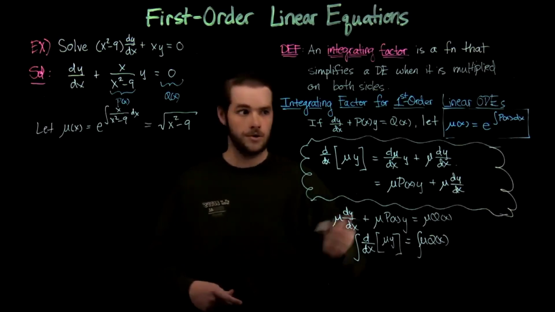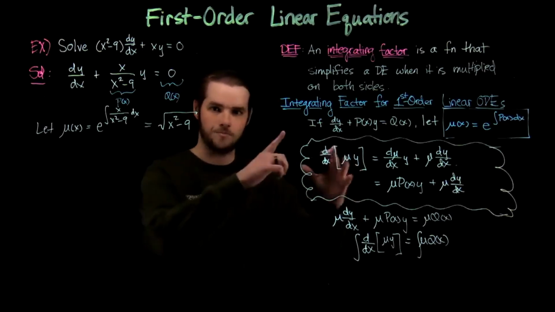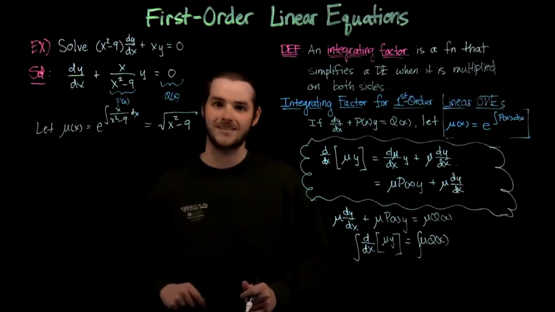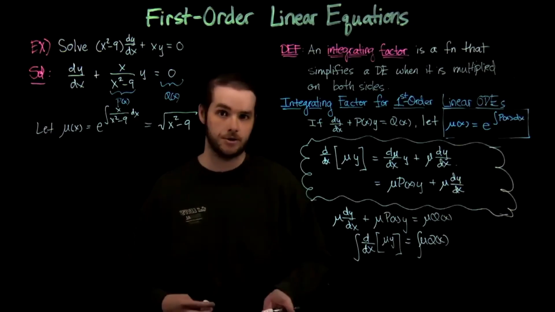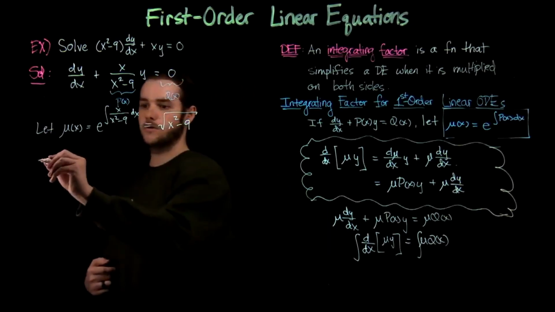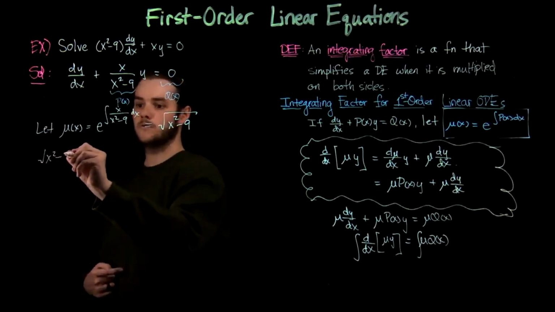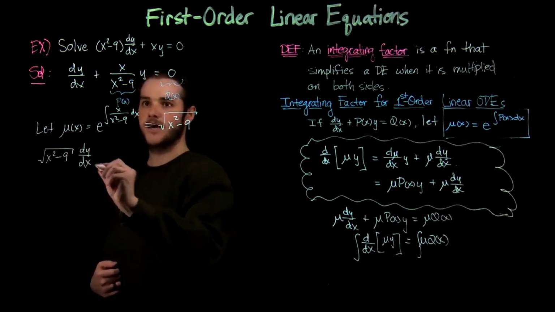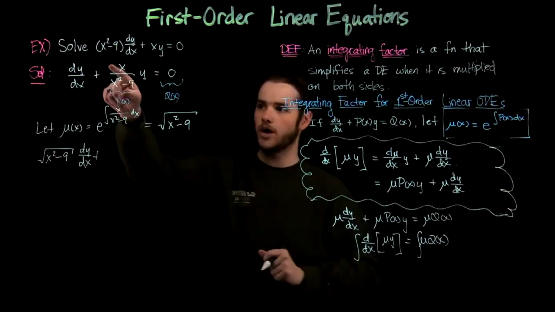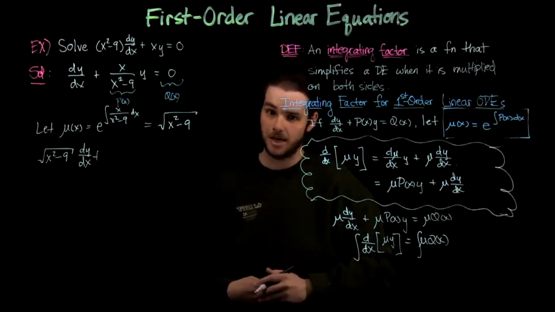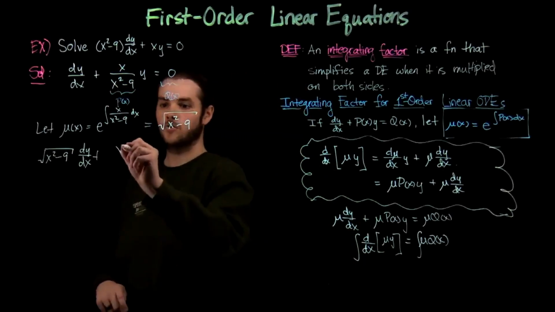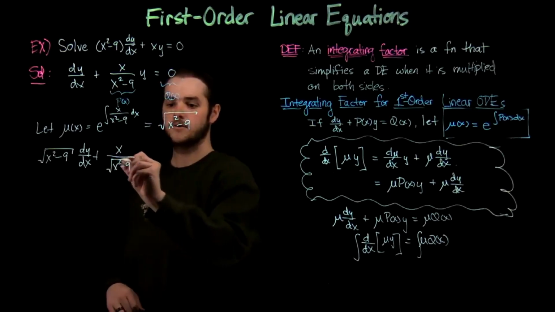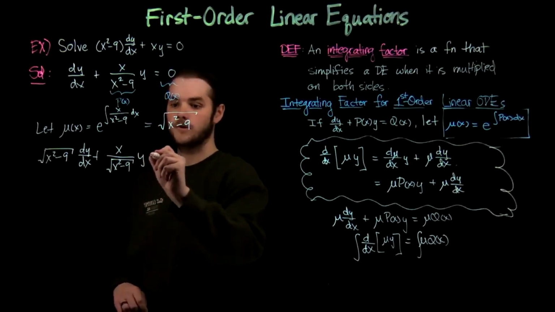So now, according to our game plan over here, I just multiply through on both sides of the equation by that root x squared minus 9. So I get root x squared minus 9 dy dx plus, a 1/2 power over a 1 power gives me a negative 1/2 power, x over root x squared minus 9 times y equals 0.